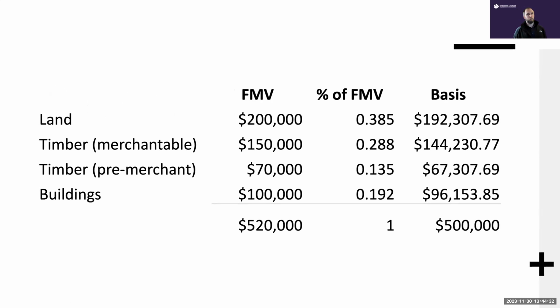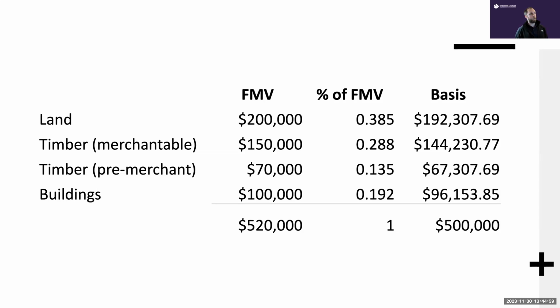The official way to go about this is that we have the sales price, and then we can use appraisals from independent appraisers to value the land and the buildings. And then I think Kurt touched on this a little bit, but we would use maybe a consulting forester to come out and give us a value on the timber.